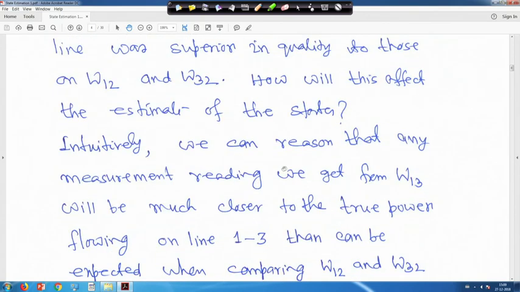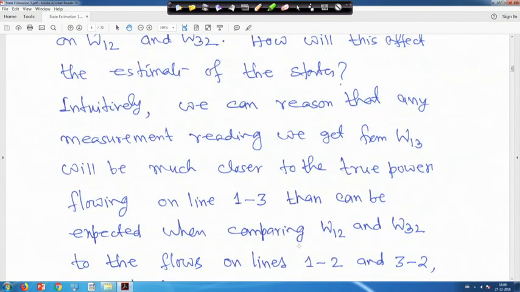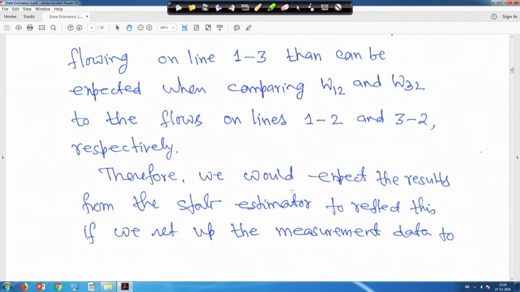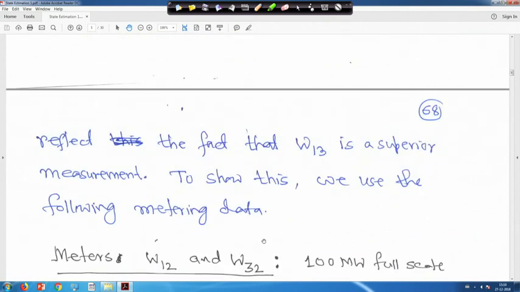Intuitively we can reason that any measurement reading we get from W13 will be much closer to the true power flowing through line 13 than can be expected when comparing W12 and W32 to the flows on lines 1-2 and 3-2 respectively. Therefore, we would expect the results from the state estimator to reflect this if we set up the measurement data to reflect the fact that W13 is a superior measurement.